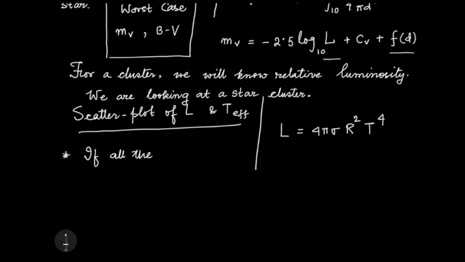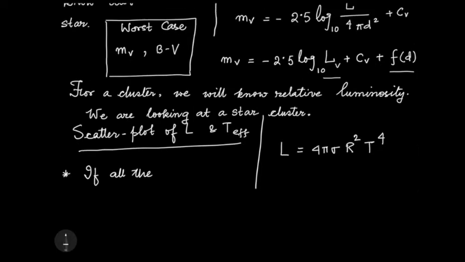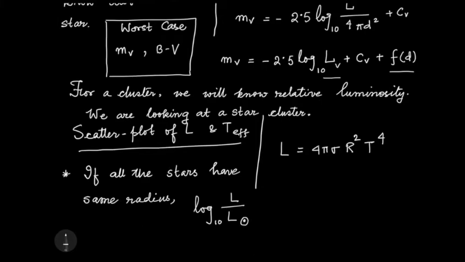So this, let's say L_V here, we can get to, remember that from M_V to the bolometric magnitude, there is a bolometric correction, which again will be same for all the stars. Now, if all the stars have the same radius, then log of L, it's better to weigh it with respect to some known luminosity. So we always weigh it with respect to the solar luminosity.